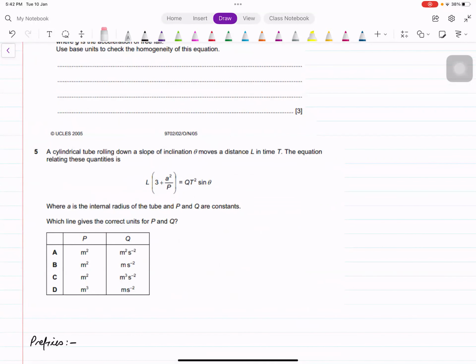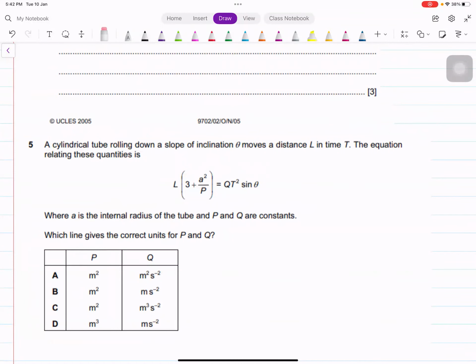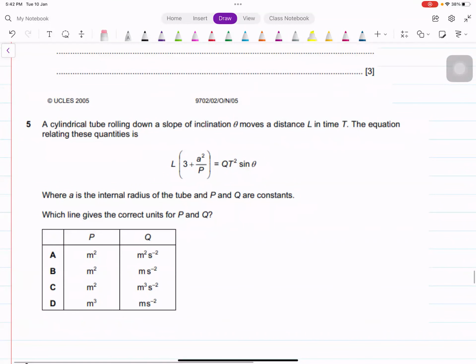Okay. Now, in this question, it says, it's a paper 1 question, and it says a cylindrical tube rolling down a slope, inclination, and so on. So whenever you have units in brackets, it says that these equations are homogeneous, right? So here's a tip for you. Remove brackets.